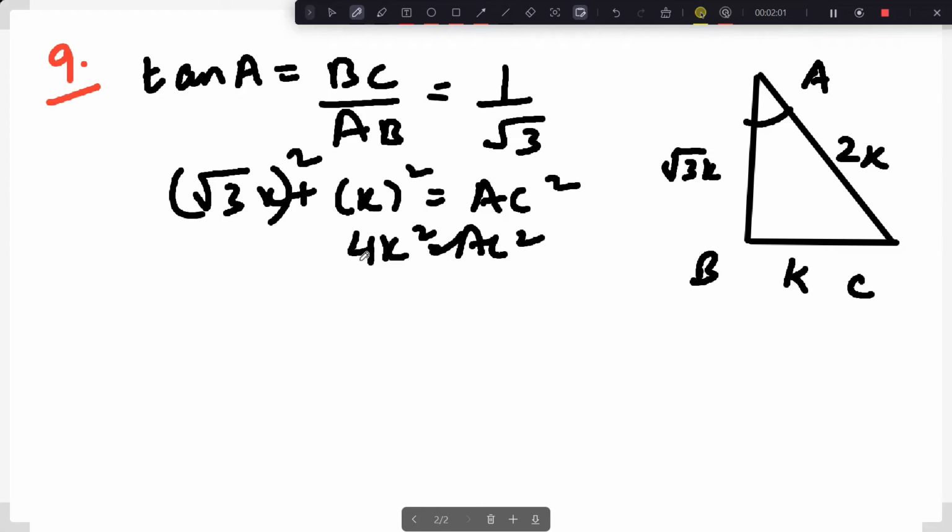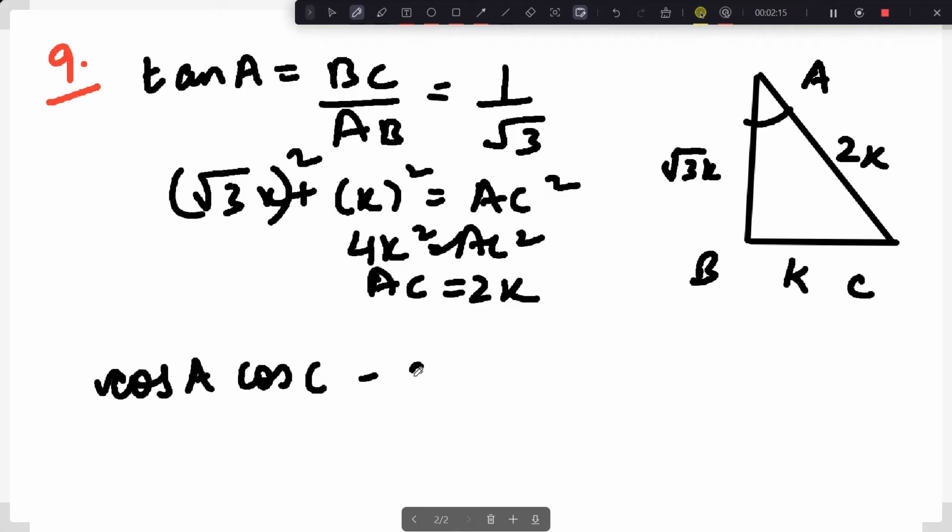AC is equal to 2k. Now the question is, we need to find out cos A cos C minus sin A sin C.